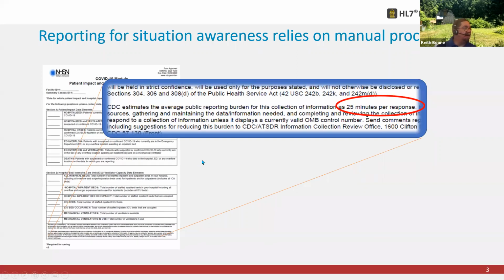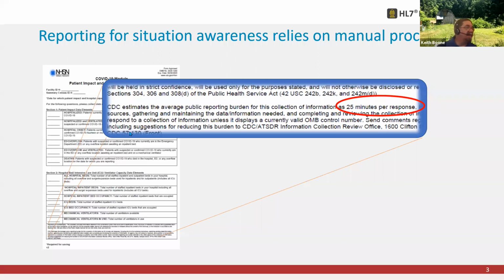Running around with clipboards and then turning around and entering this data into spreadsheets and then uploading spreadsheets into portals and then having to send this same information out to multiple different agencies in slightly different formats with slightly different breakdowns.